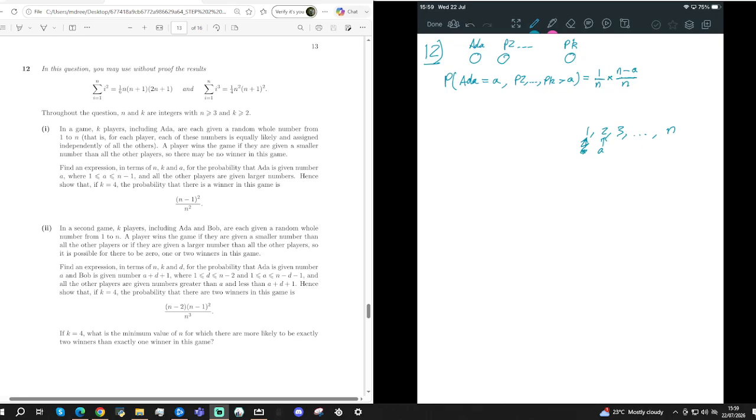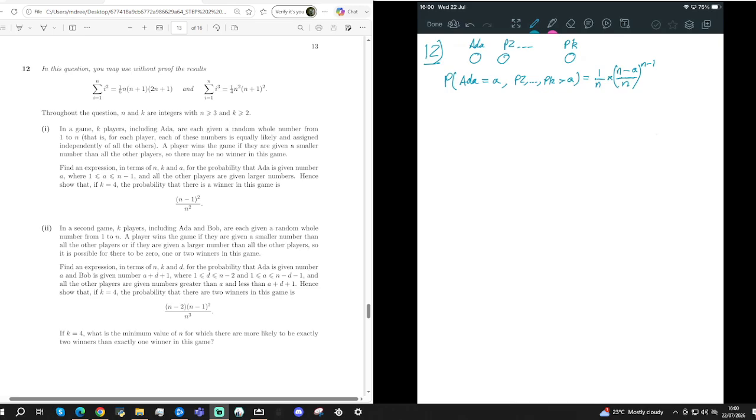And I hope you can see fairly obviously why that worked. But that was for player 2. It could also have been true for player 3 and player 4, all the way up. So all the other players need to have a probability of n minus a over n to have that larger than a value.